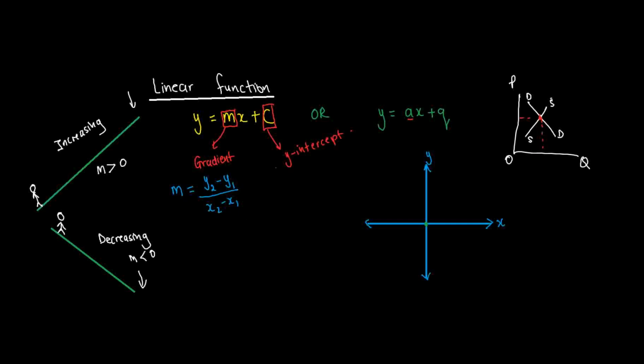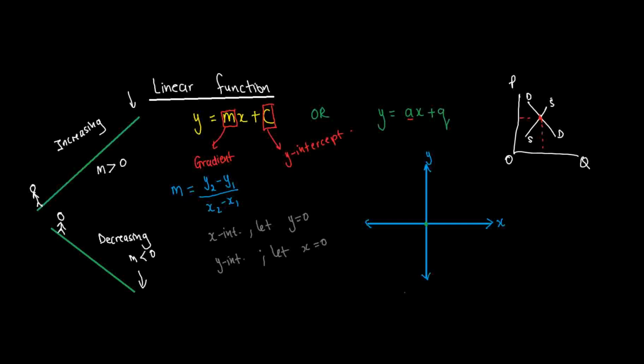So the golden rule is that to find the x-intercept, you let y equal 0. So you substitute y into this equation. And if I plot a point and it touches the y-axis, it means that my x-coordinate is 0. So to find the y-intercept, we let x equal 0.